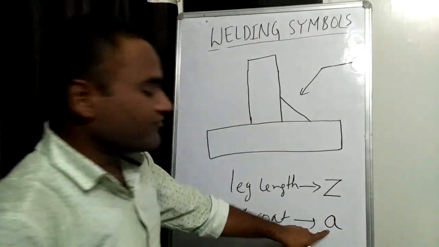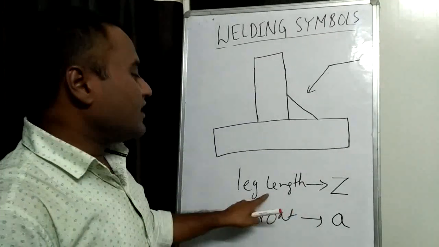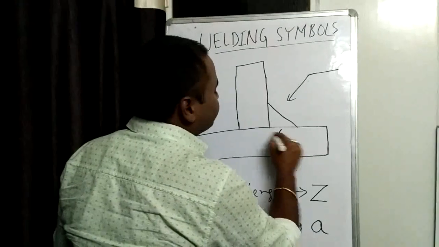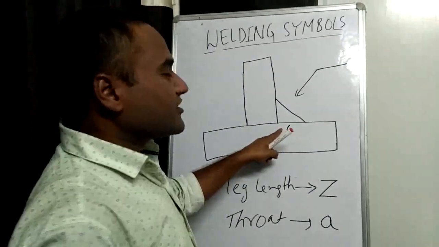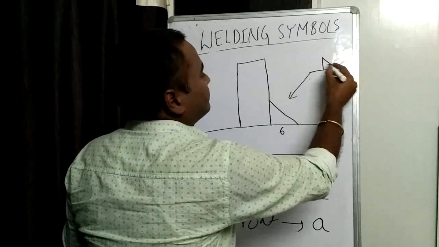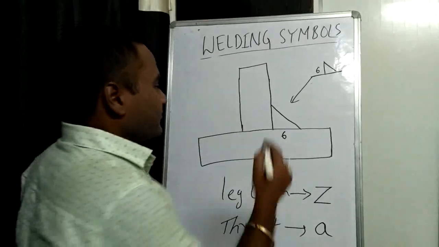This is your English alphabet, small a. So throat is given by a and leg length is given by Z. Now suppose our leg length is 6 mm, then like this we can provide on this symbol.